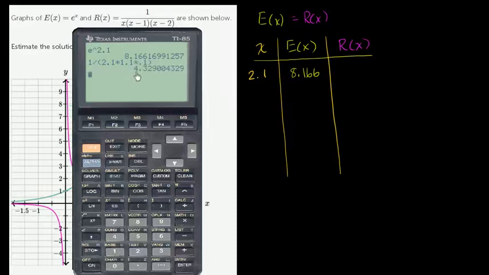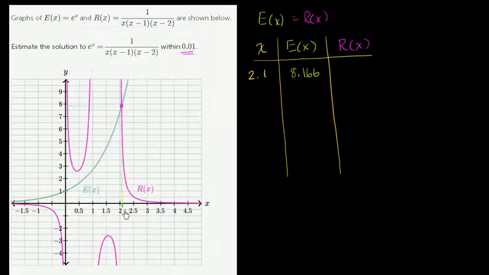Did I do that right? No, that can't be. It's 1 over 2.1 times 1.1 times 0.1. One over all of that. So that's 4.32. I guess that's possible. Actually, that looks right because r of x declines so sharply right over here.